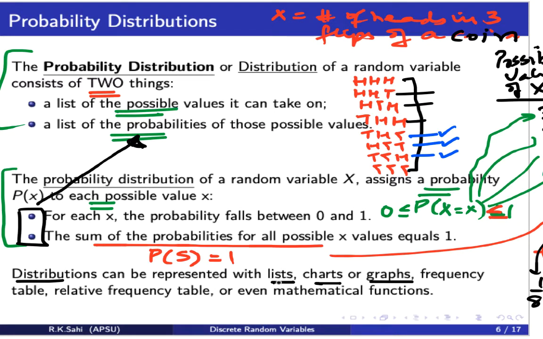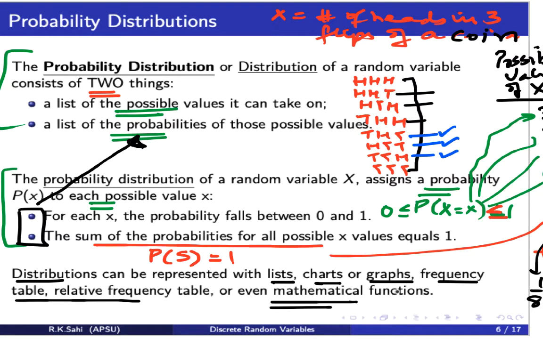Now these 3 things, guys, we have learned earlier, in our early sessions: graphs like box plots, pie charts, bar graphs, histograms. It's a way of showing your data set or your research study, whatever you're doing. Then we've talked about frequency tables, relative frequency tables, or mathematical functions.